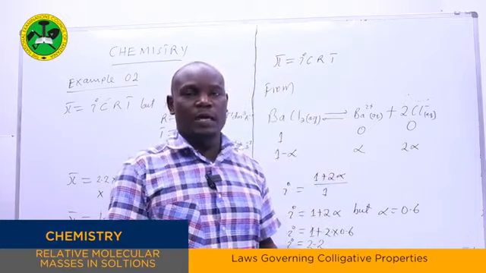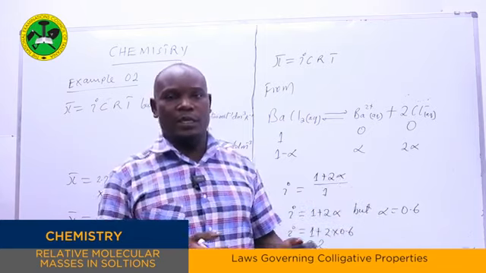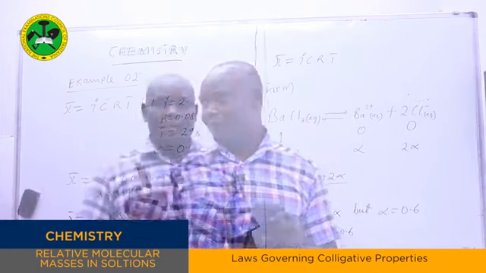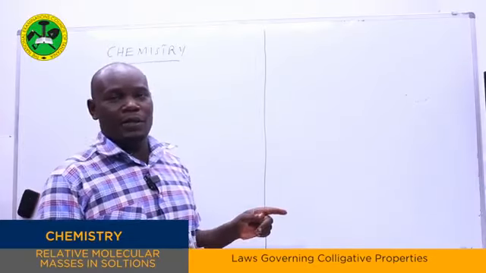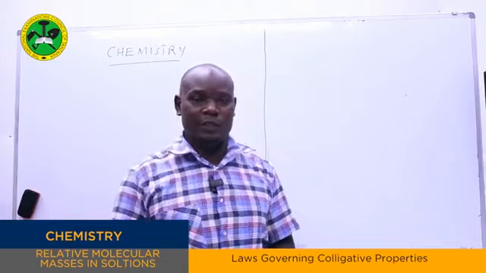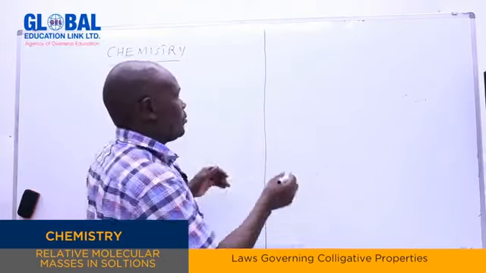So we are going to look now at some of the application of these mentioned colligative properties in our real life situation. Now to overall our topic and see how it can be applied in our normal life situation is the application now of colligative properties as a whole.